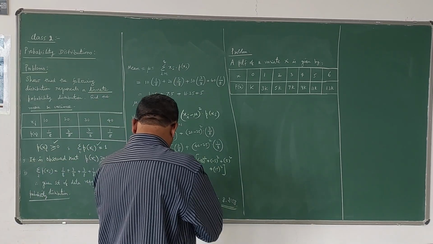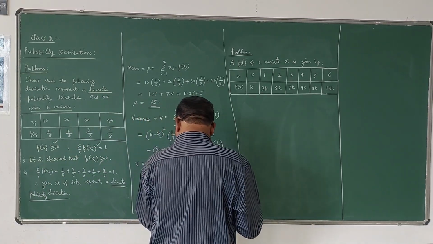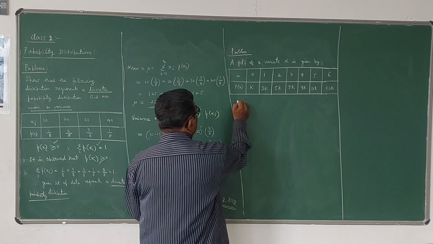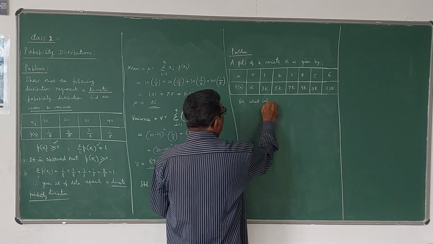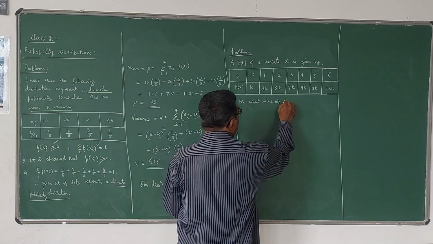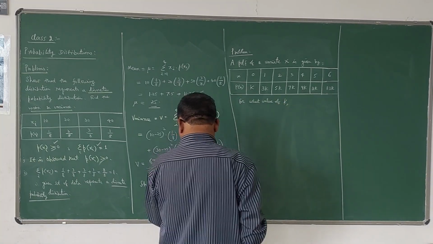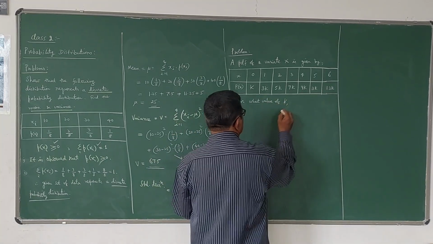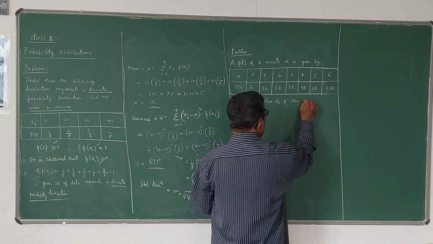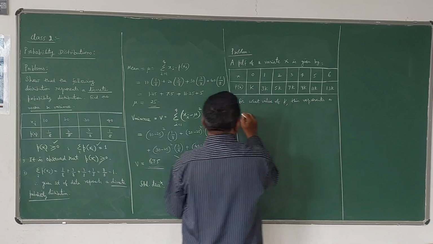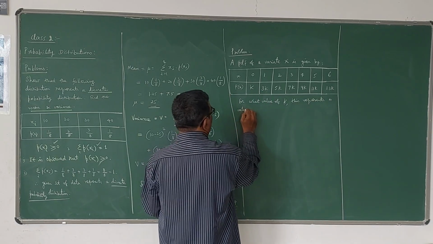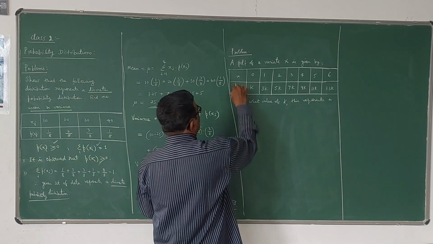The question is like this: for what value of k does this represent a valid probability distribution? This is small p only, not capital.